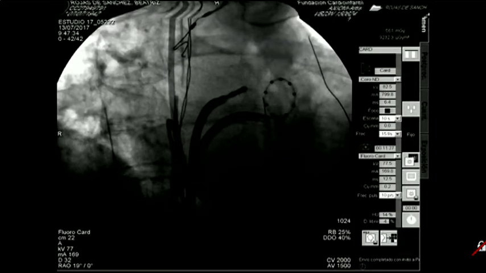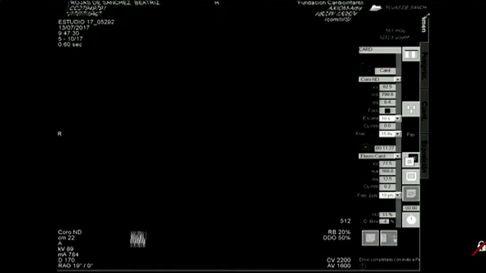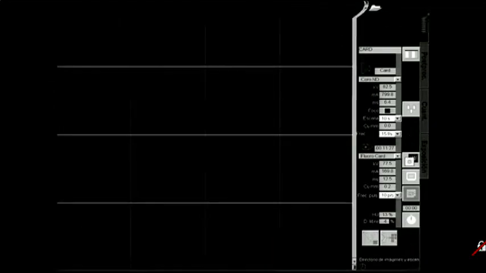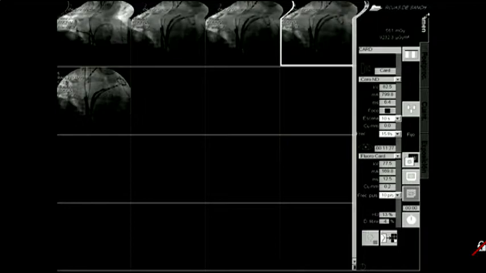Well, we have gone through the jugular vein, and here we have placed the coronary sinus sheath as the one used to place electrodes or leads of the left ventricle. We go into the coronary sinus. Can we see the prior angiography, please? So this is the first one. The first angiography, please.